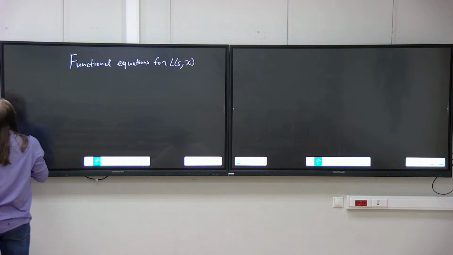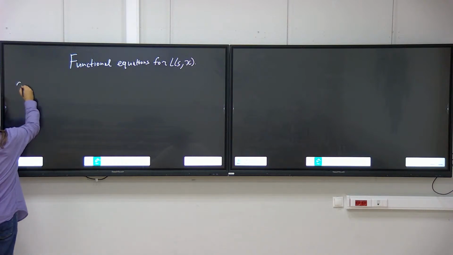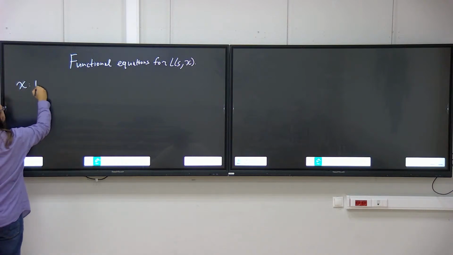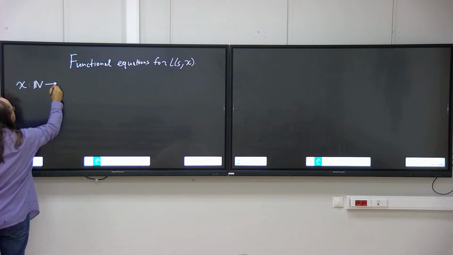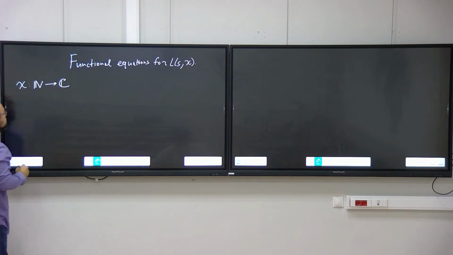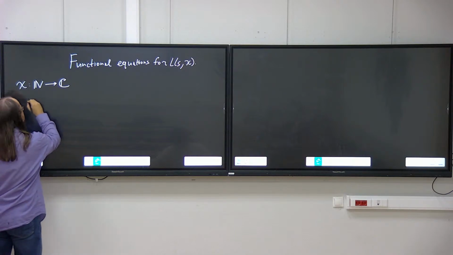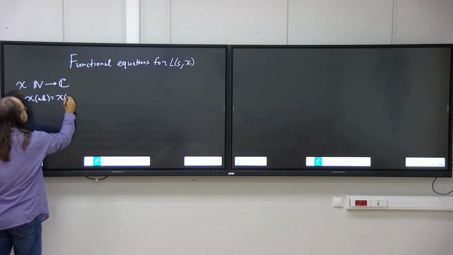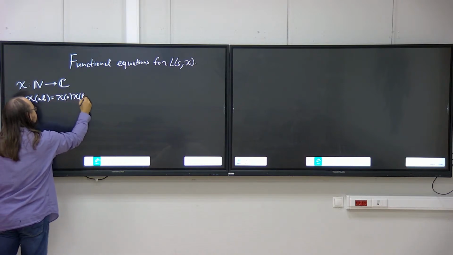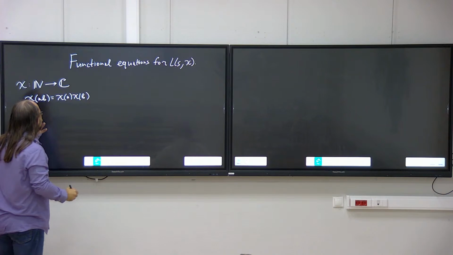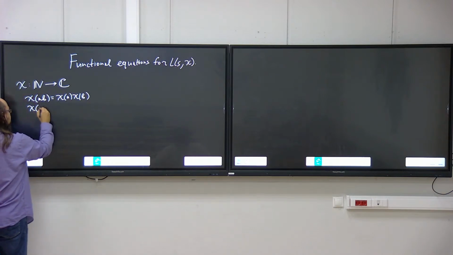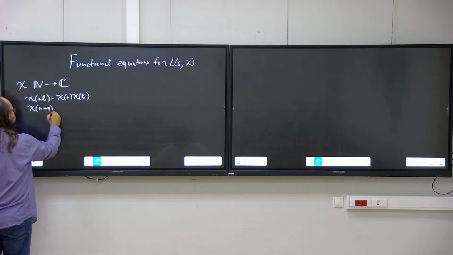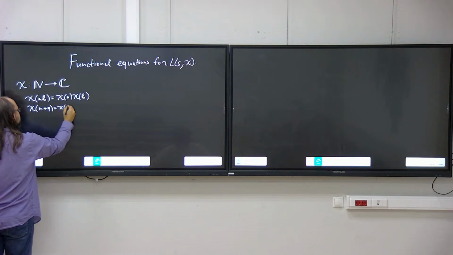Let me remind you that we have chi, which is a function from natural numbers to complex numbers. Chi is a Dirichlet character, which means that chi(AB) is chi(A) times chi(B), and also chi(n + q) is equal to chi(n).